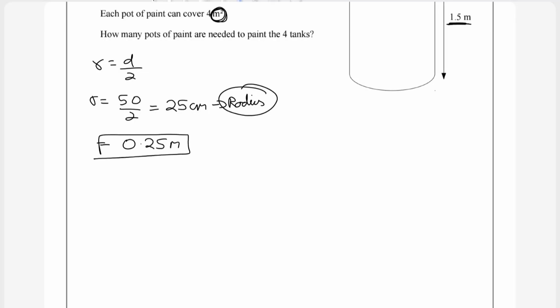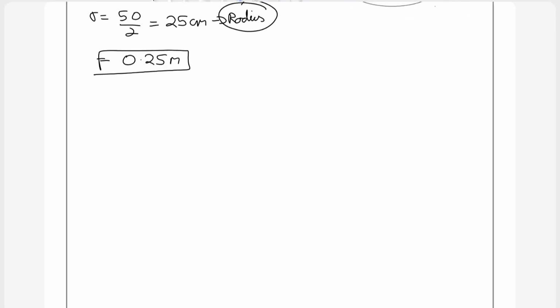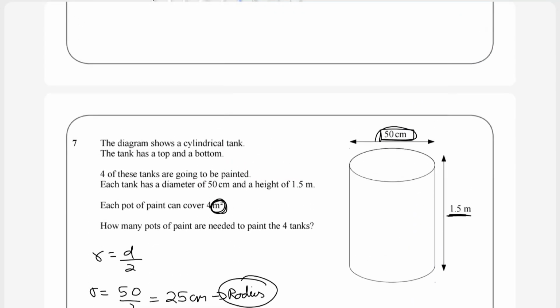Okay, so we got this. Now in order to find the surface area, first we find it for the top, the circle. There is a circle on the top. We're gonna go manual. So this is the circle here.